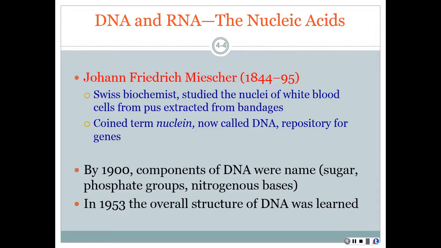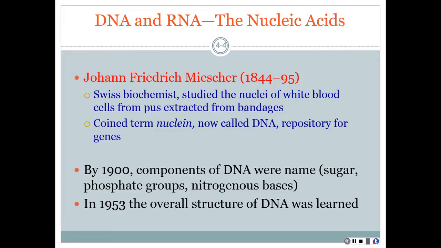In 1869, he discovered an acidic, phosphorus-rich substance he named nuclein. He correctly believed this to be the cell's hereditary matter, though some scientists did not believe him. But we now know that what he discovered was correct.